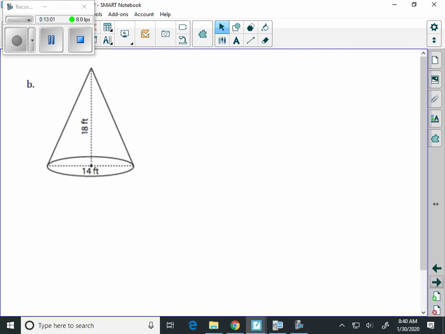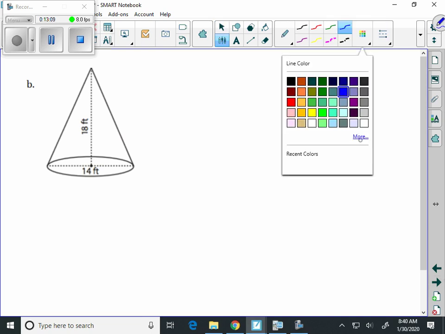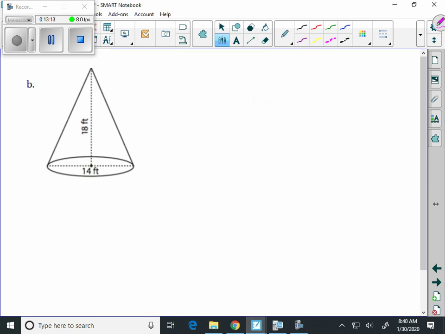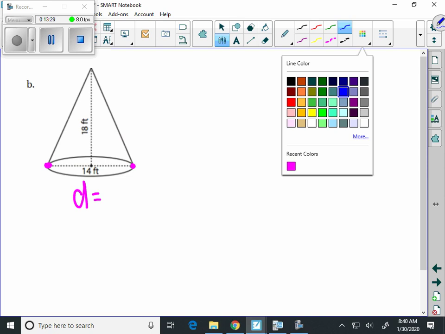But watch out. Are you given the radius, or are you given the diameter? That's the key. When we look at this next example, we are given the diameter in this particular picture. The 14 goes from one side of the circle to the other side of the circle, which is the definition of diameter.